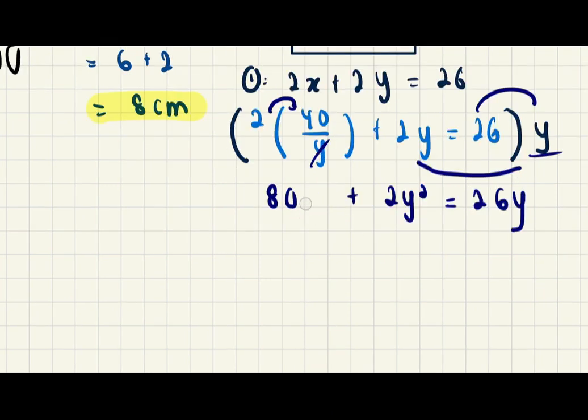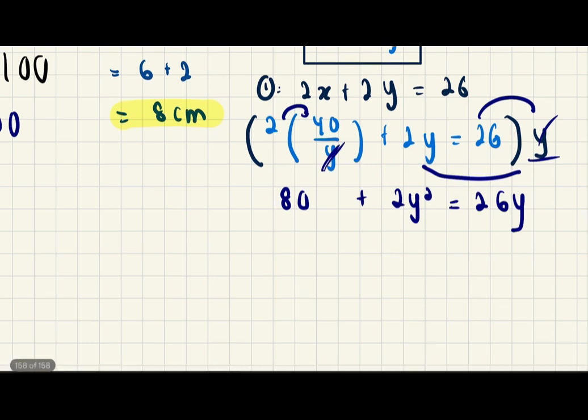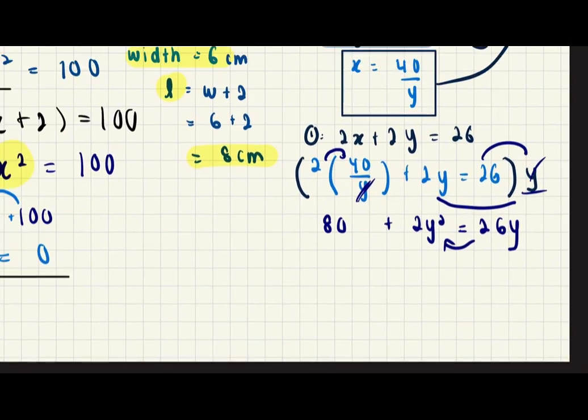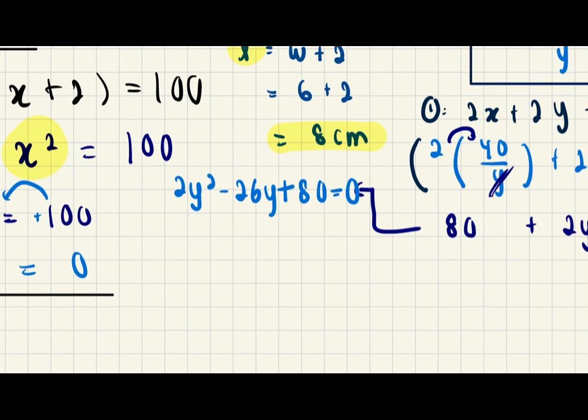Now move this to the other side and we get a quadratic: 2y squared minus 26y plus 80 equals 0.